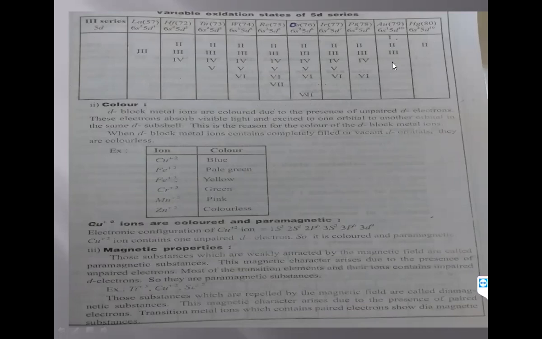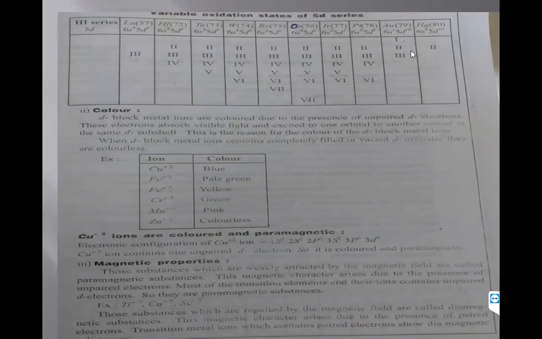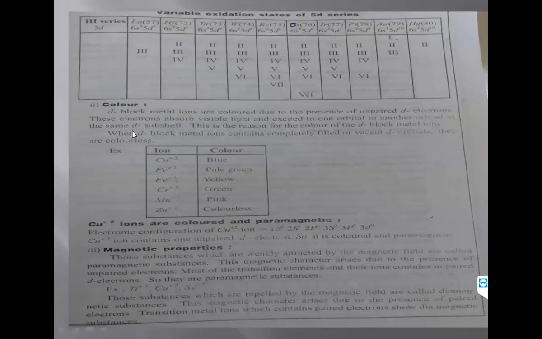Next, coming to another topic, that is color of the d block elements. D block metal ions are colored due to the presence of unpaired d electrons. In previous classes, we know this thing also.